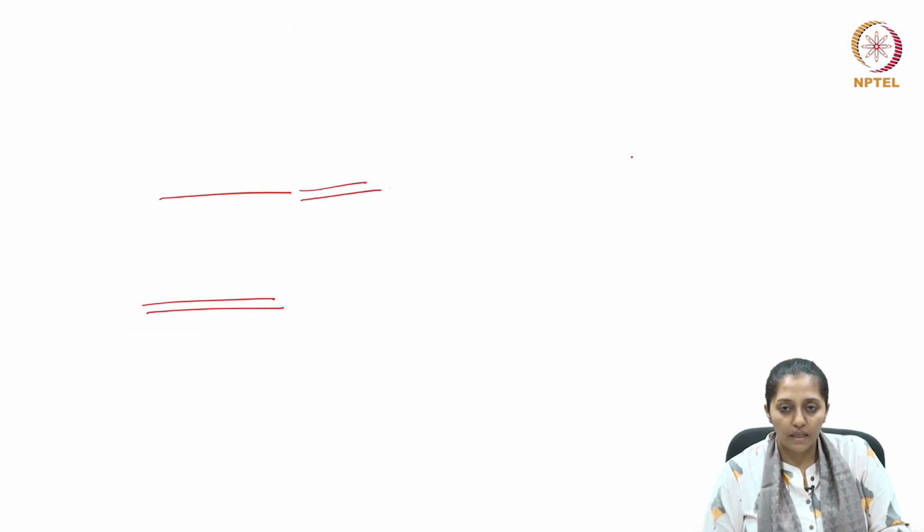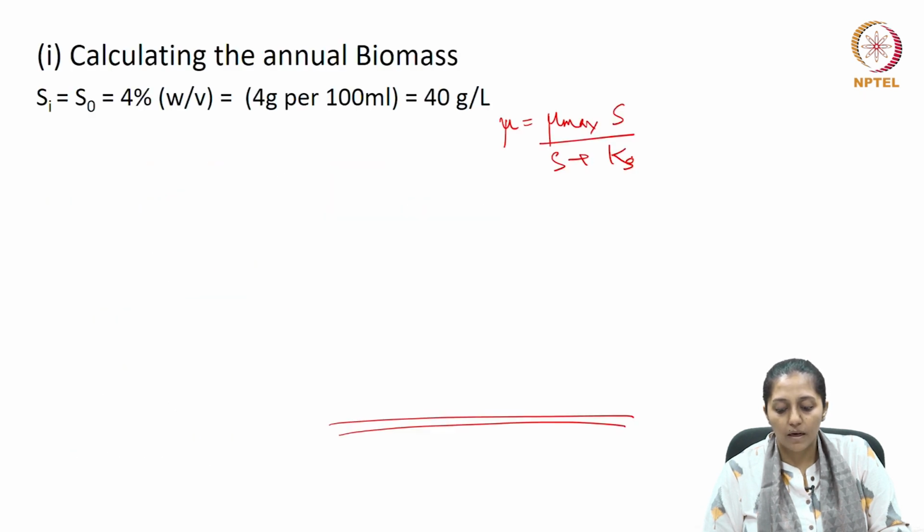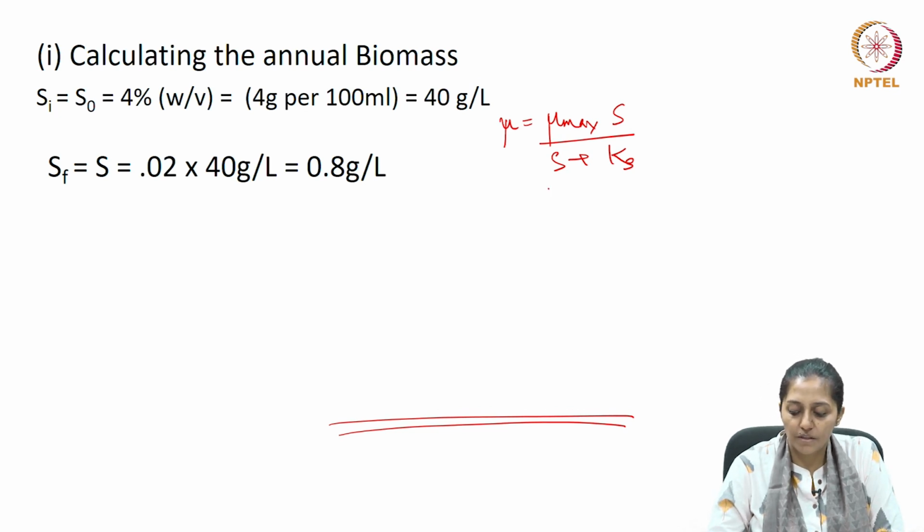So if Ks in Monod's model becomes very much less than S, then we can neglect Ks. Then mu tends to mu max.